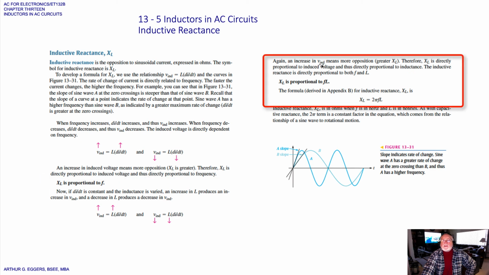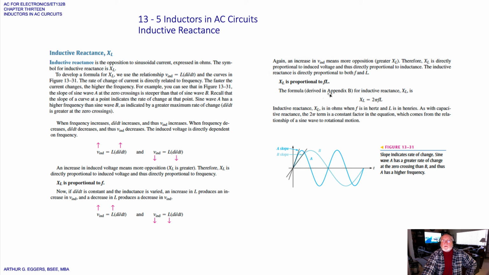Again, an increase in induced voltage means more opposition, greater resistance, greater X sub L. It's just resistance, it's in ohms. Therefore, X sub L is directly proportional to induced voltage and thus directly proportional to inductance. So one goes up, the other goes up. The inductive reactance then is directly proportional to both the frequency and the inductance.